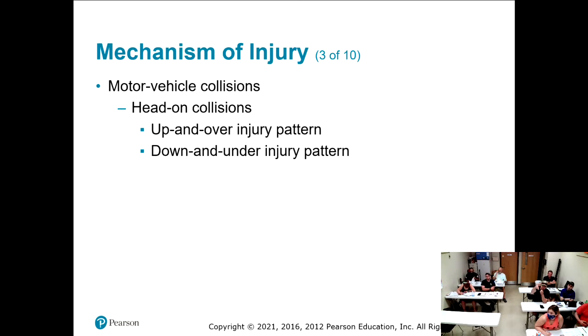Up and over is the opposite. You go up and over into the windshield or out the windshield. Suspect chest injury and head injury on the upper body. So these are the different patterns we want to look for, so we can get a better idea of where we're going to find the injuries. Now just remember, energy transfers. If you go down and under, and your feet hit that firewall, all that energy is transferring up through the body.